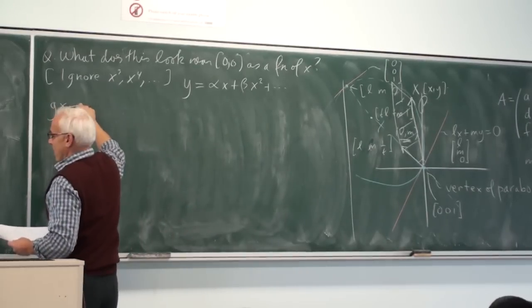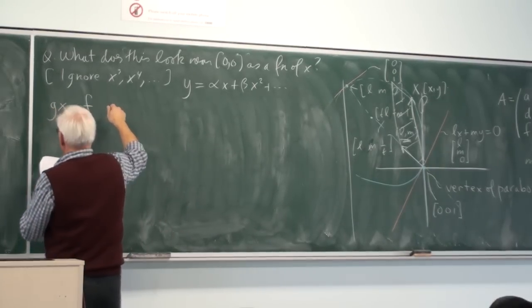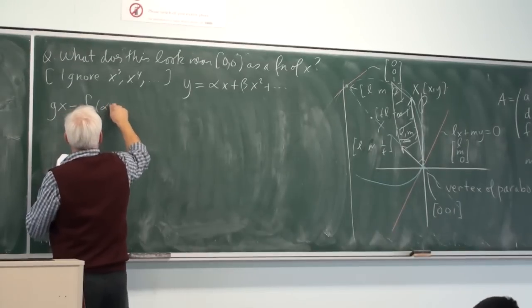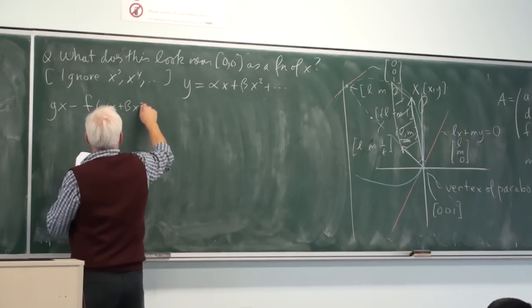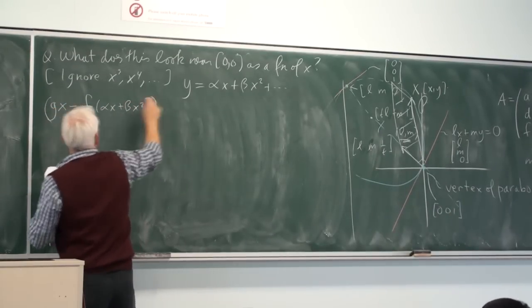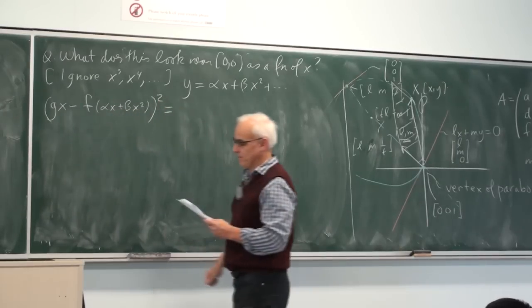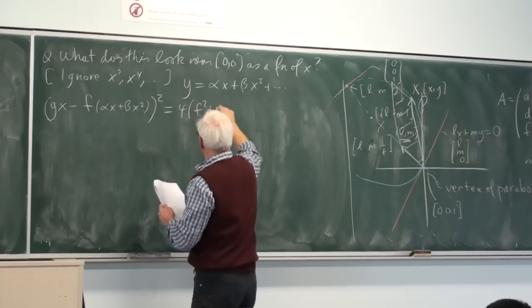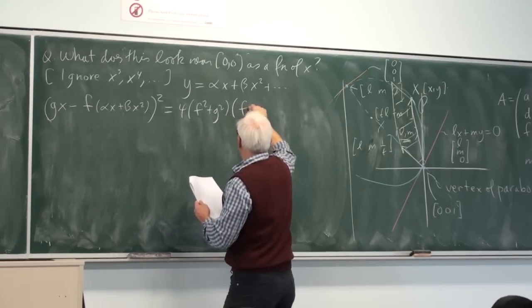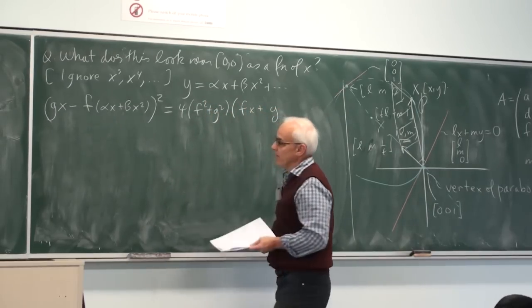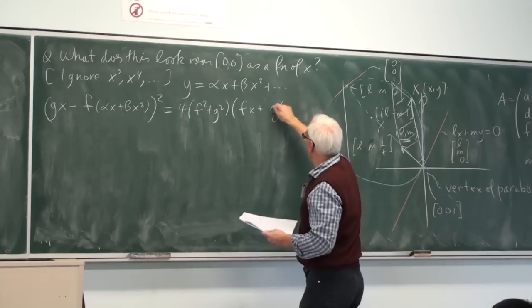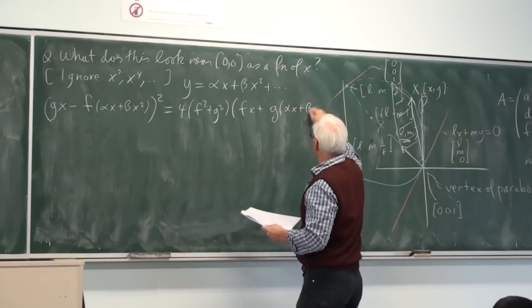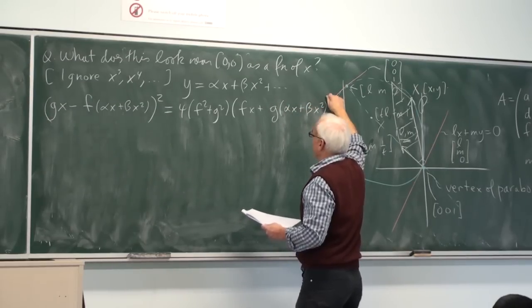So gx minus f, we're saying y is equal to alpha x plus beta x squared. So we'll just substitute it in. So there's the left-hand side of the equation. And on the right-hand side, 4 times f squared plus g squared times fx plus g, y again replaced with alpha x plus beta x squared.